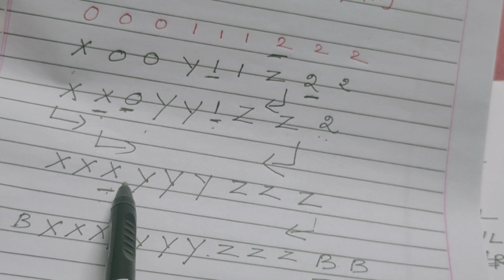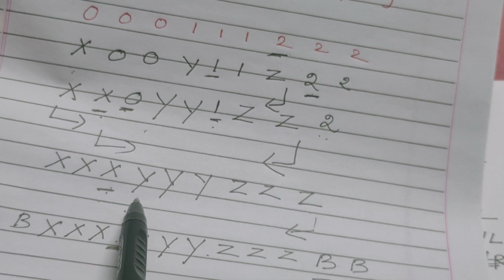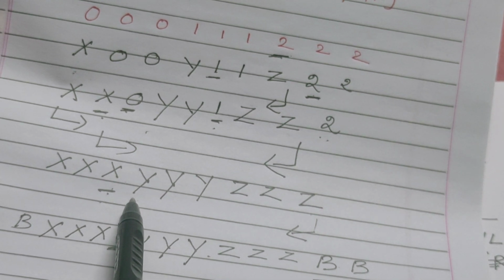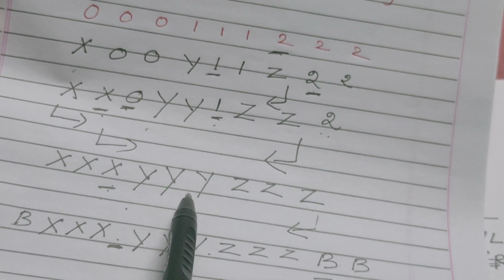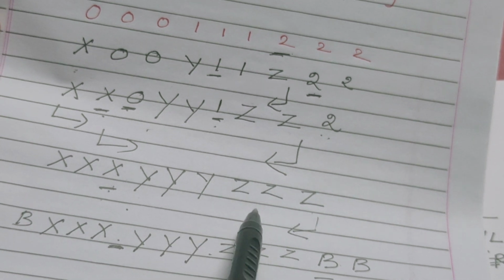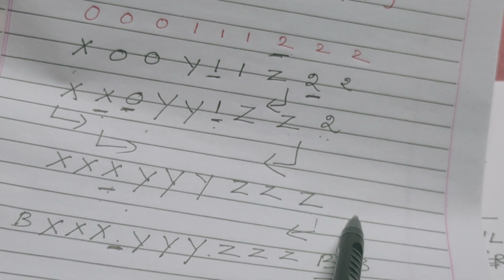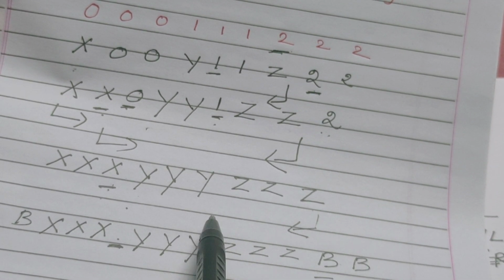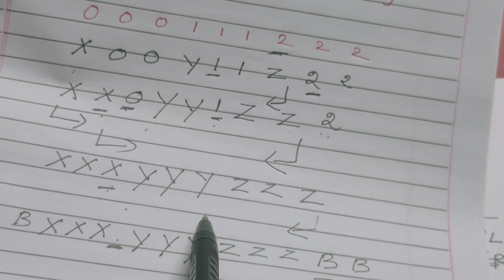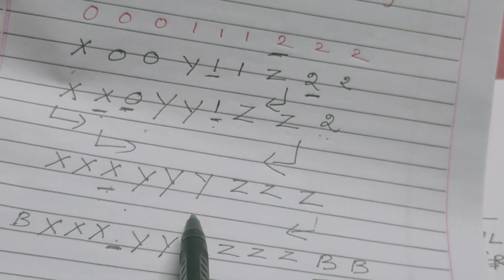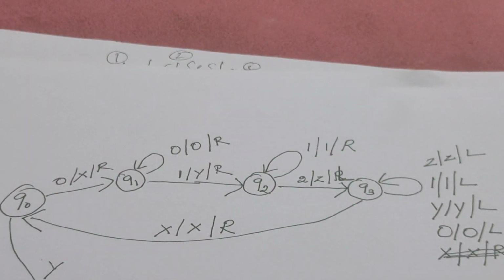What it is finding here is Y. When it reads Y, what you have to confirm is there are only Y's followed by Z's followed by blank symbol. If you confirm that, then we can say that the string is recognized by the Turing machine, or the string belongs to the language.